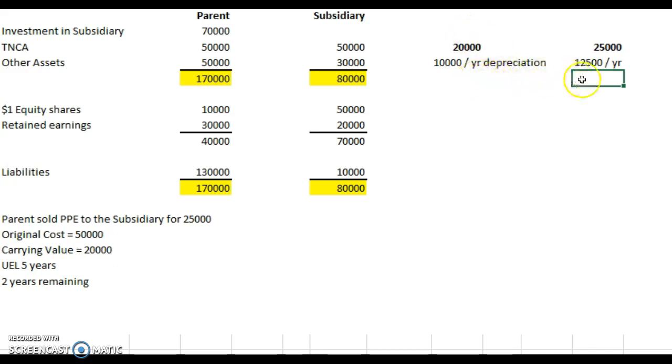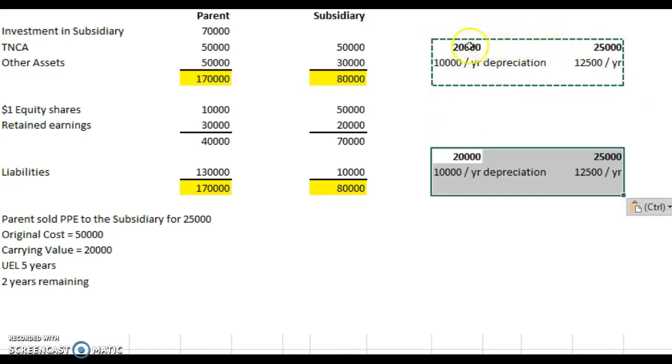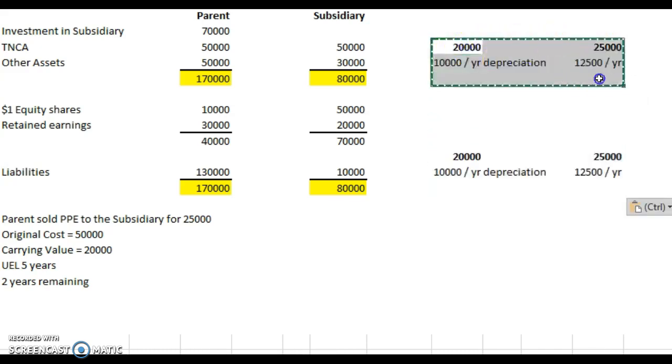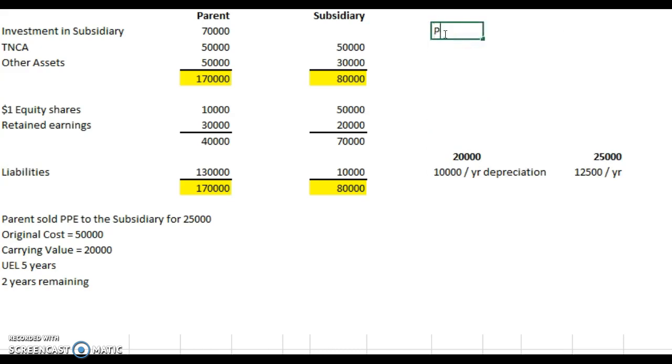We've kind of done the calculation here, but we'll do it more cleanly. Let's move that down to there. Let's start with the profit element. How much is the profit?